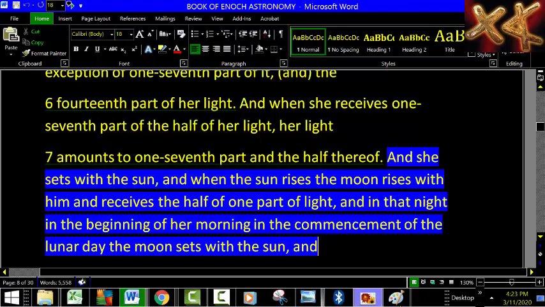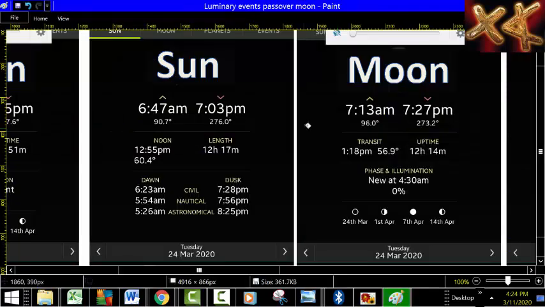So let's come over here. When the moon and the sun are setting together, you have the moon setting at 7:27 p.m. But when you come down here and look at the dusk time, you'll see that there's still light in the sky at 7:28 p.m. Even though the sun went down at 7:03, it's still going to be too much light out there for you to actually see a moon at all on that night.